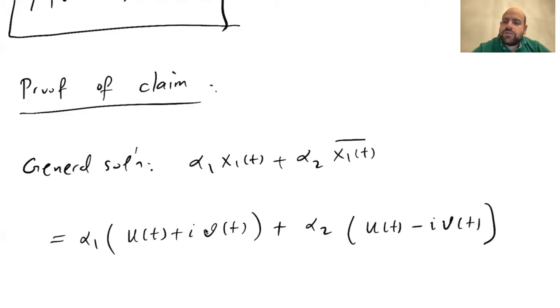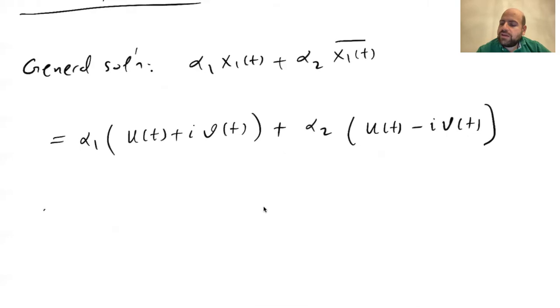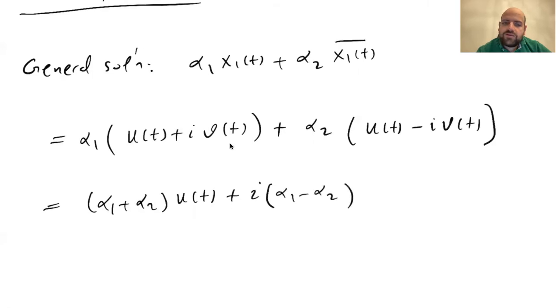In order to find the complex conjugate, you need to replace every i with minus i. And then I will have, if I simplify this, u of t times alpha 1 plus alpha 2. So alpha 1 plus alpha 2 times u of t. And then plus i times alpha 1 minus alpha 2. See, i alpha 1 minus i alpha 2. So i times alpha 1 minus alpha 2 times v of t.